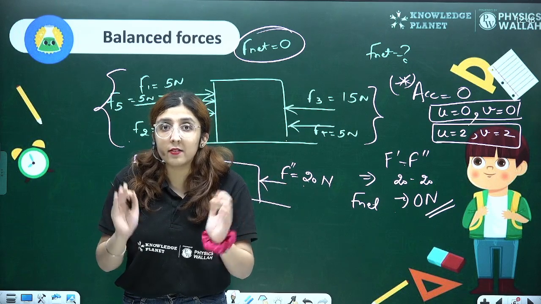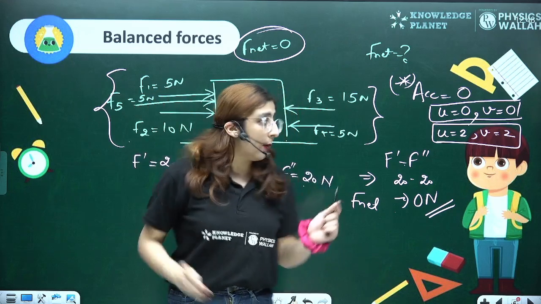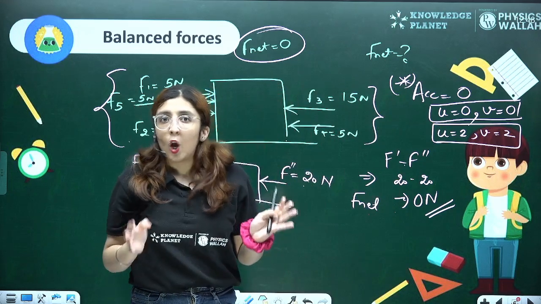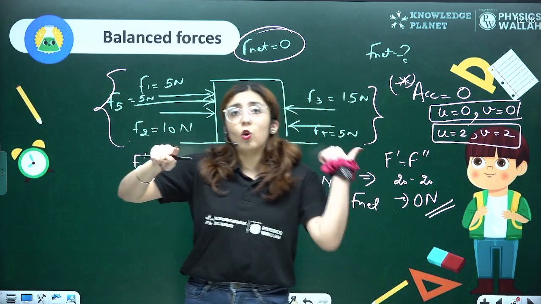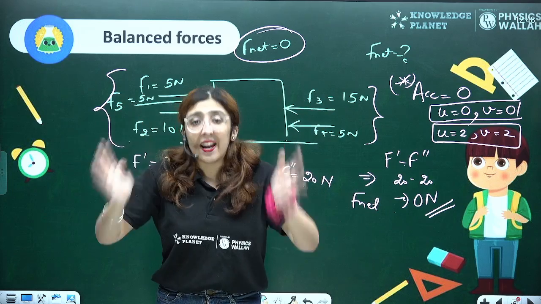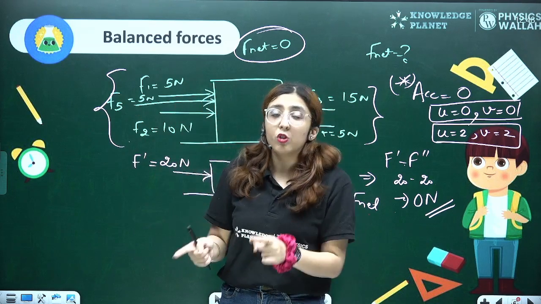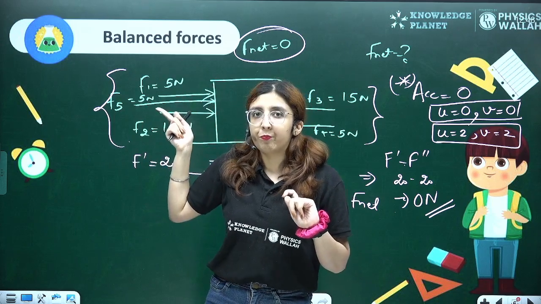Getting me, everyone? An object at rest stays at rest when the forces are balanced. Similarly, if the body initially had some motion and forces act on it, balanced in nature, they are not going to affect its motion, because their F net is 0.